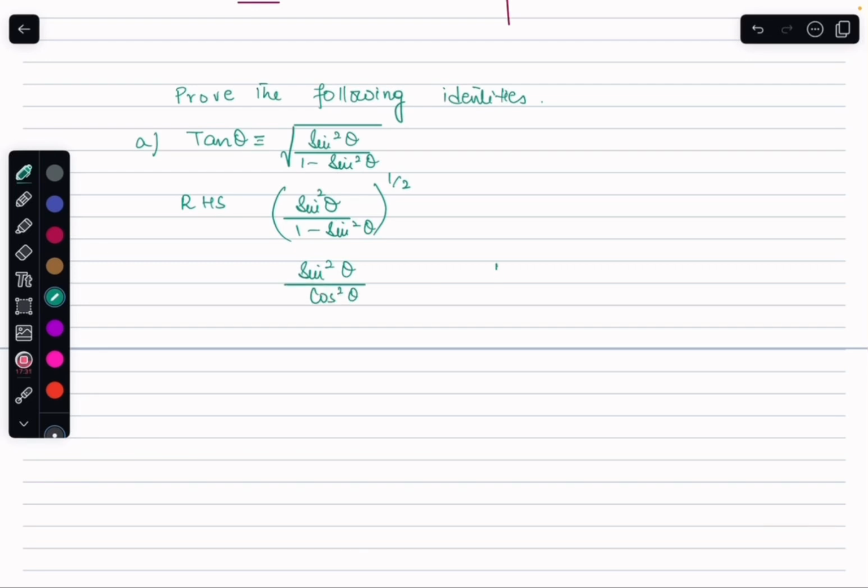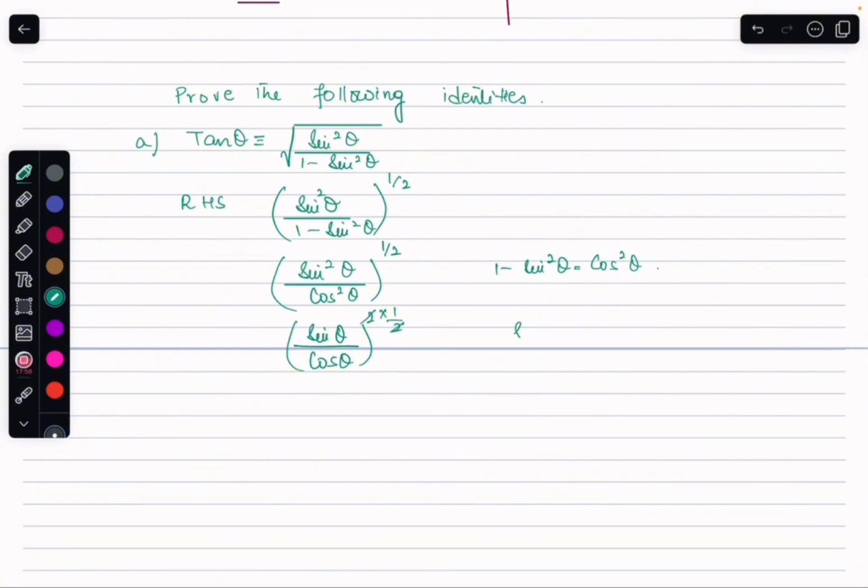We know that 1 minus sine square theta equals cos square theta, so I'm using this identity. So it is sine square theta over cos square theta, and this is all to the power of 1 by 2. Now I can see that it is sine theta over cos theta the whole square, again to the power of 1 by 2. So the square gets simplified.